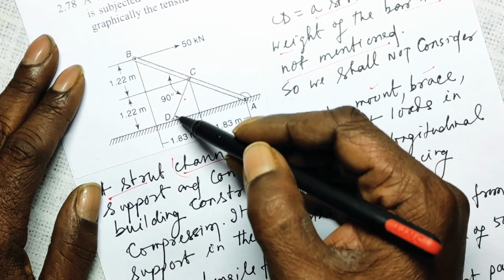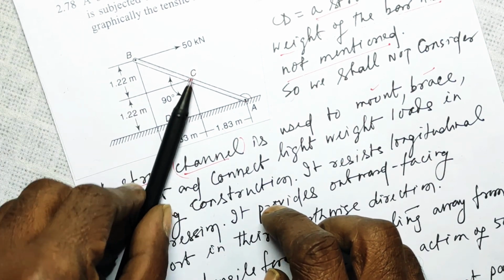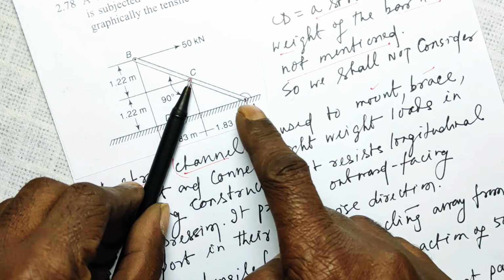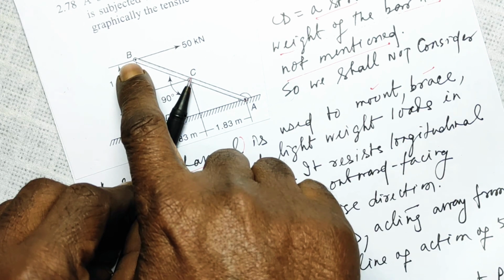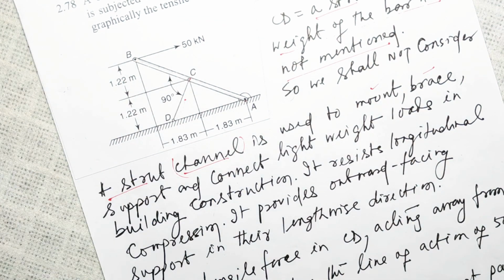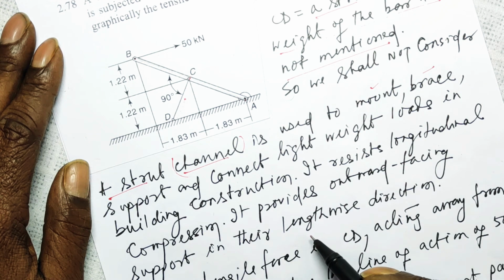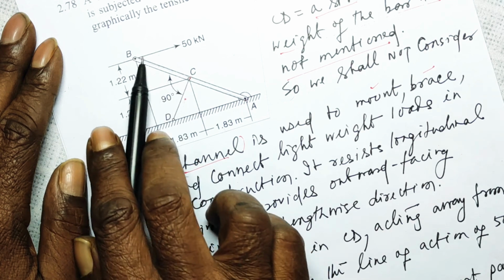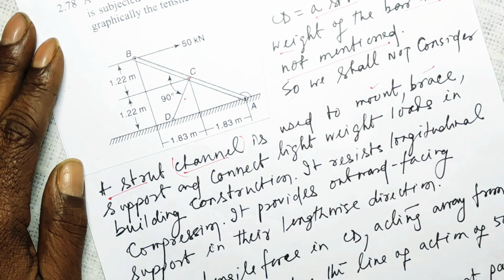Means this strut bar CD is providing an outward support in holding this bar in this position when 50 kilonewton force is applied horizontally at point B towards the right. So it provides outward facing support in the lengthwise direction. This is the lengthwise direction. In the lengthwise direction, it is providing support to this bar AB.